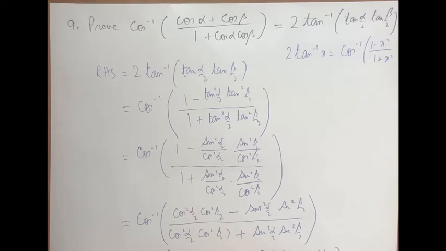This is cos inverse of, now 2 cos square of alpha by 2 is 1 plus cos of alpha. This is 1 plus cos of beta. This is 1 minus cos of alpha, 1 minus cos of beta. Denominator 1 plus cos of alpha into 1 plus cos of beta plus 1 minus cos alpha, 1 minus cos of beta.